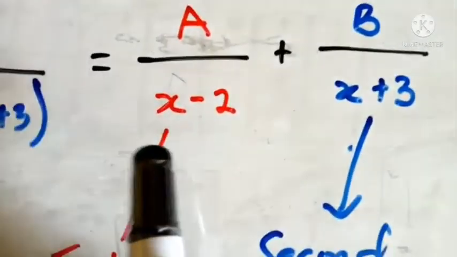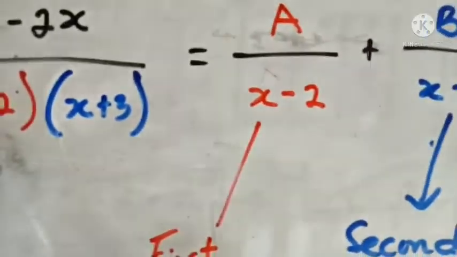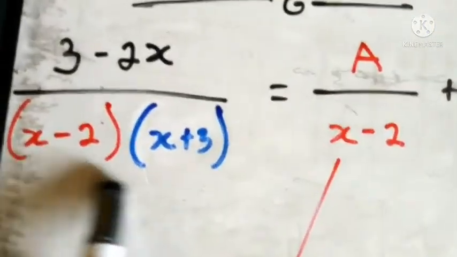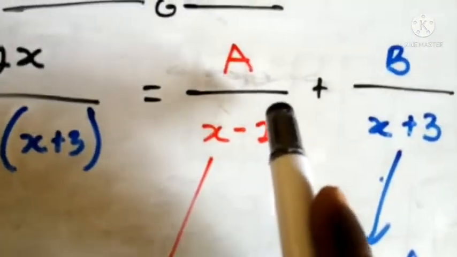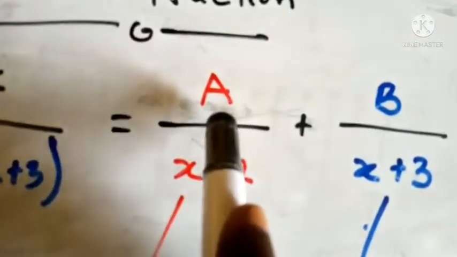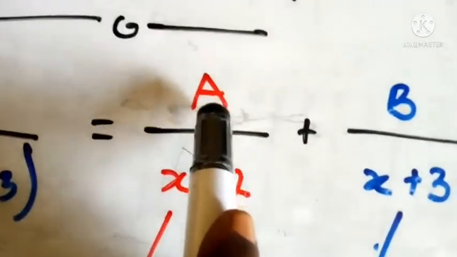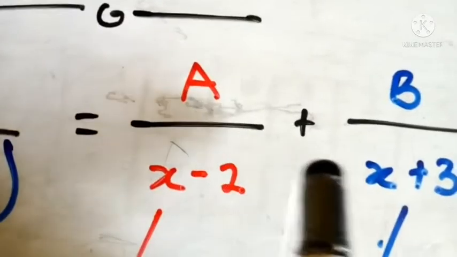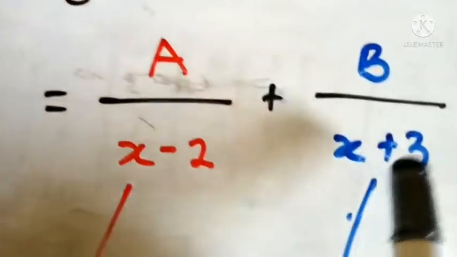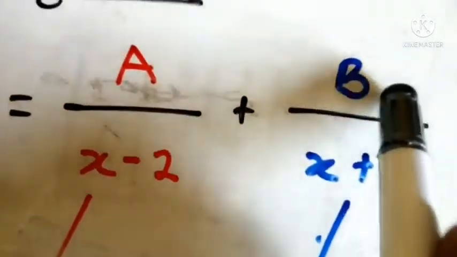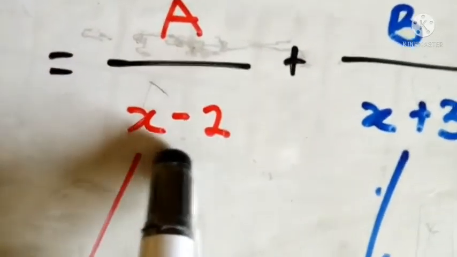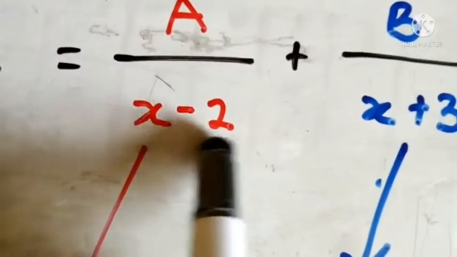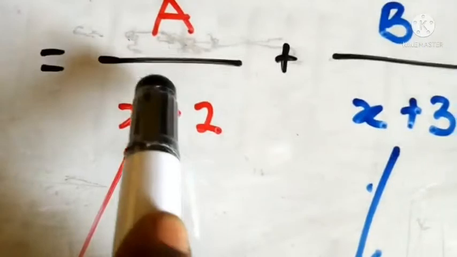Okay, now as I said earlier, you have to pay close attention to the denominator. In this case, the numerator at the top here will just be A, right? The A here can be any number, maybe in my scenario any amount, and the other one can also be B. The reason is that the denominator has no square, right?